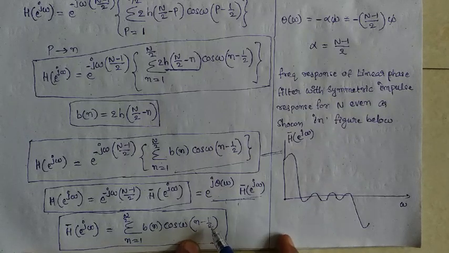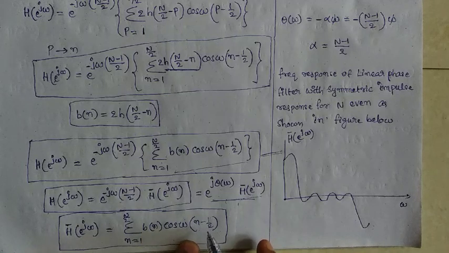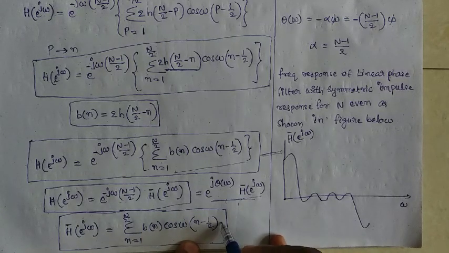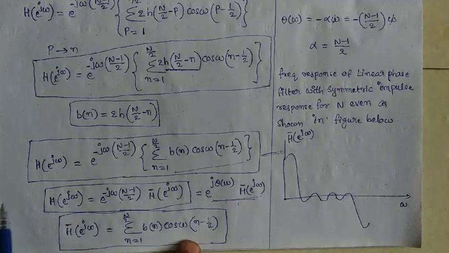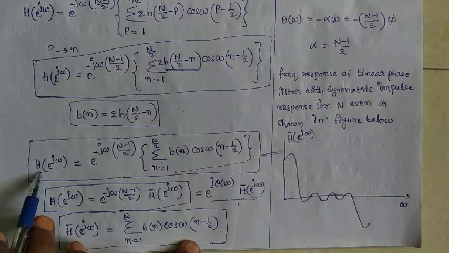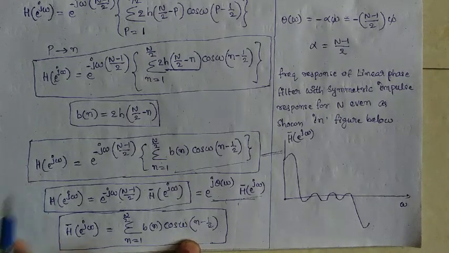Actually it is a zero phase frequency response. This zero phase frequency response contains both positive and negative values, but the magnitude response of h of e power j omega becomes positive.